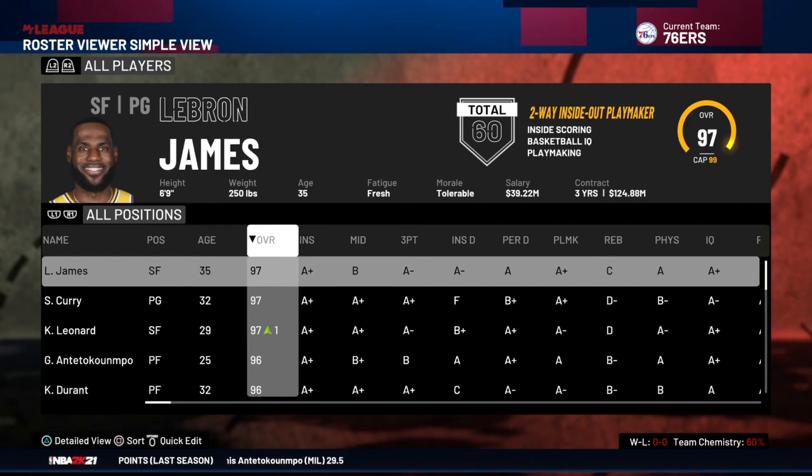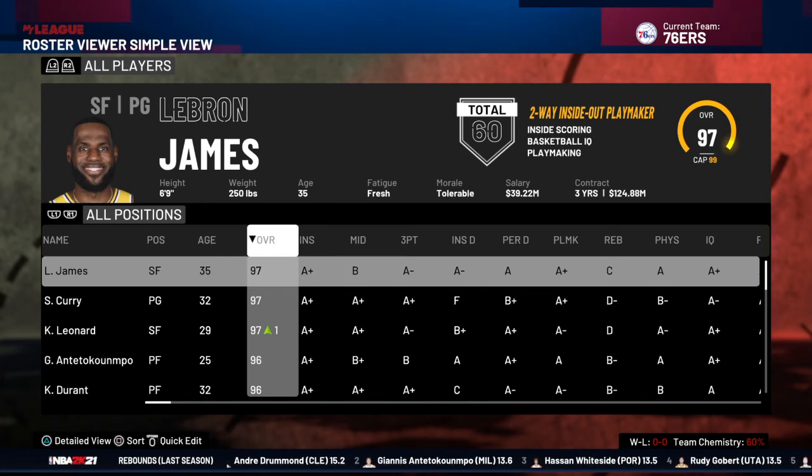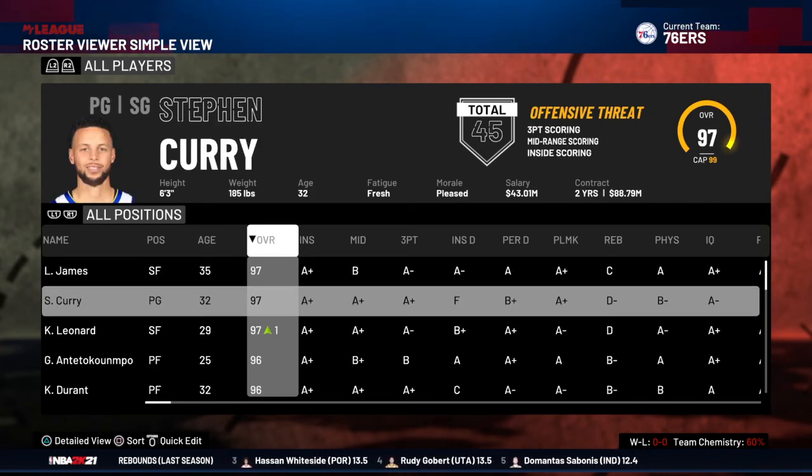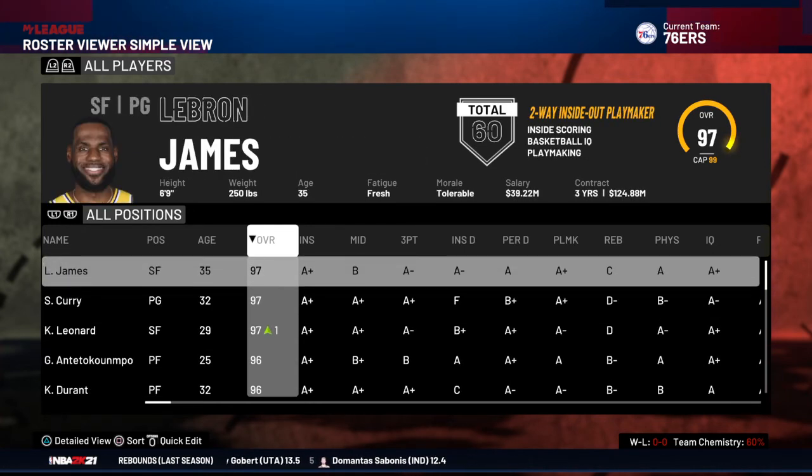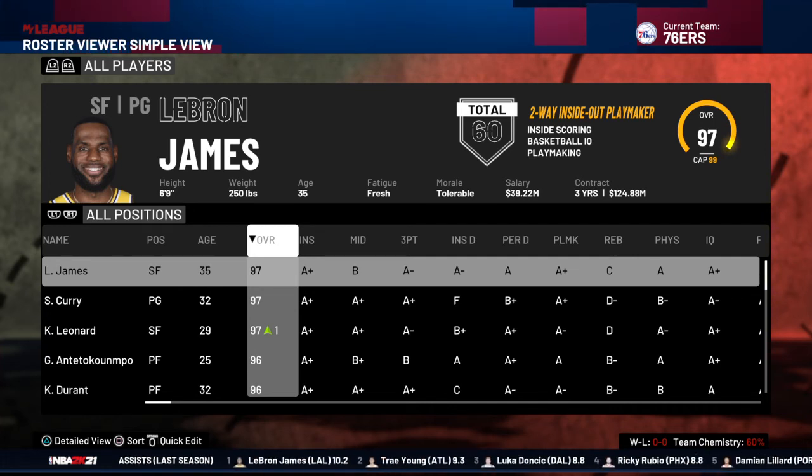So in my opinion, that's where 2K wants a lot of their players' badges to be. But as you see, the way the people who rated these players rated them is why they're higher than what the 2K computer and the 2K system wants them to be.